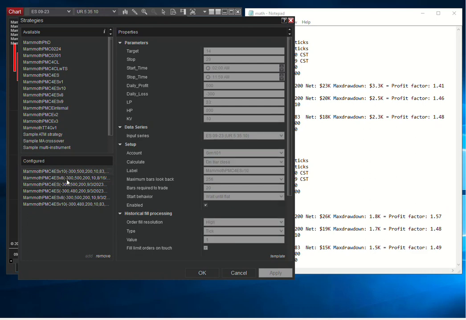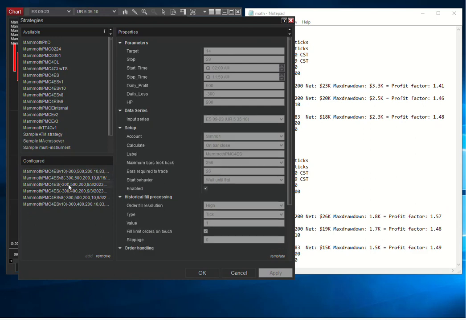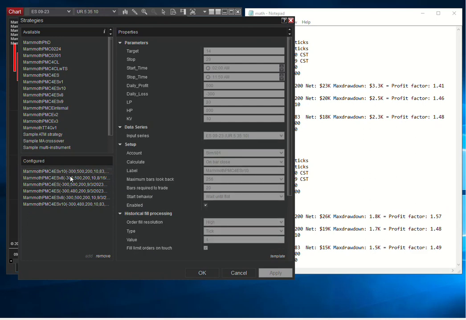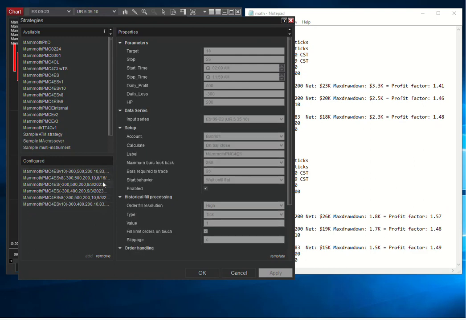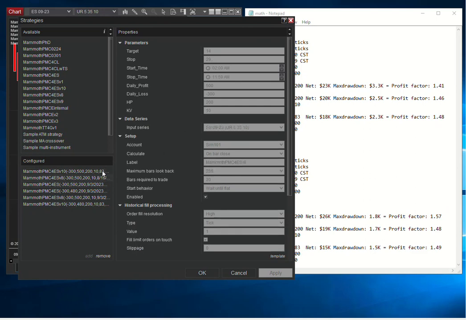The first three, version 10, version 8, and the original version, the settings, the start time and stop time, daily profit, daily loss, LP, HP, KV, they're the same as the bottom three strategies. The only difference, the top three, is that the target is set at 14 ticks and the stop loss at 29 ticks.